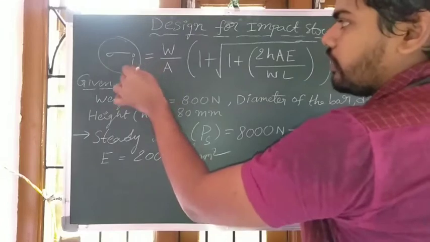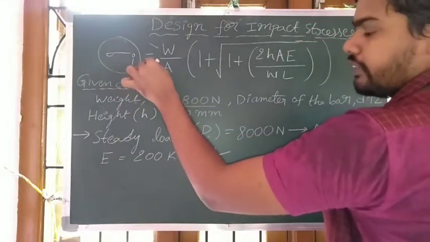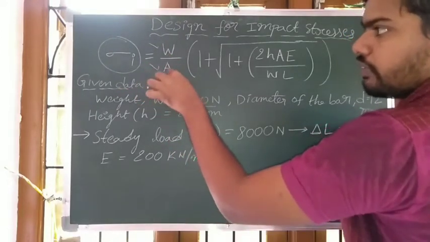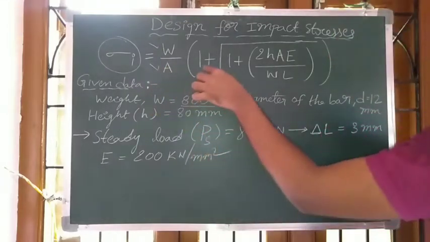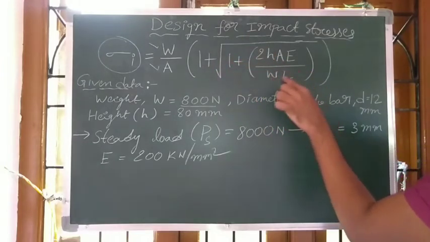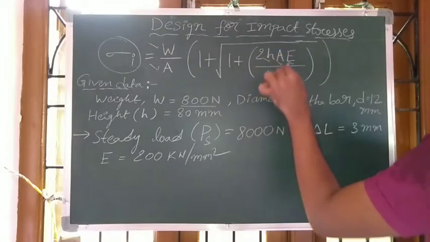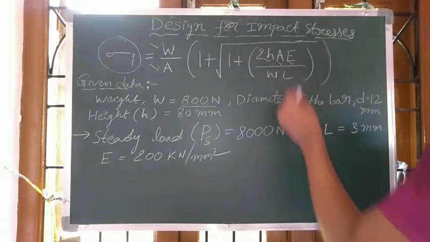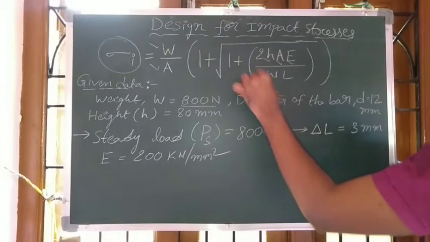Now we have to see what the various unknowns are. W is given, 800 Newton, the impact load or weight. A means area of the bar, pi by 4 into d square, since it is a circular bar. Then 1 plus root over 1 plus 2HAE by WL. Here H is height, A is area, E is Young's modulus. H, A, E are all known values, and W is also a known value.